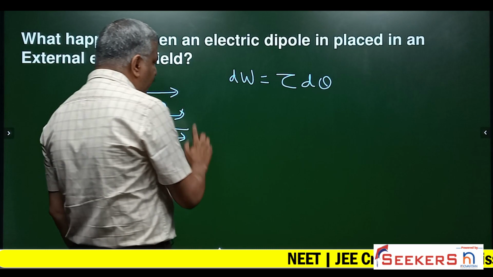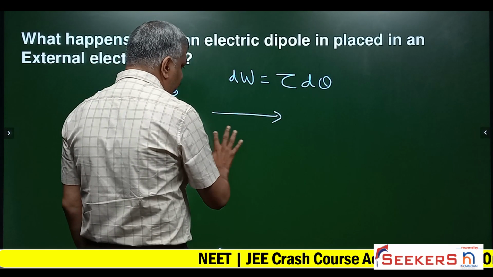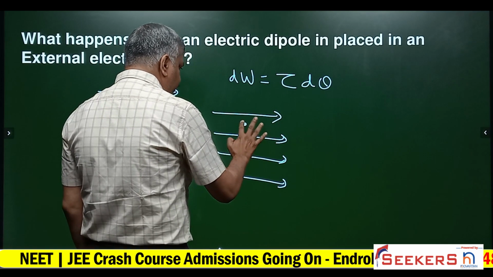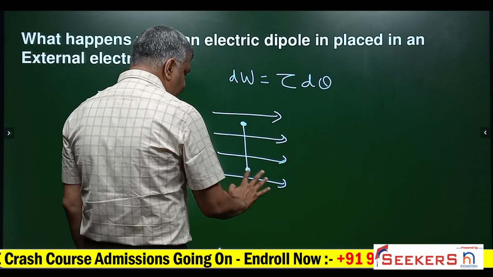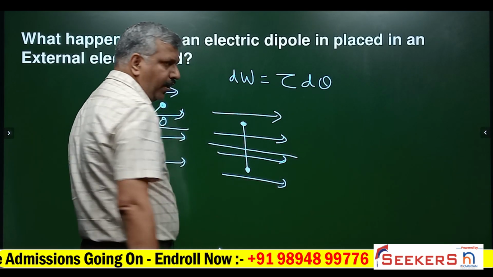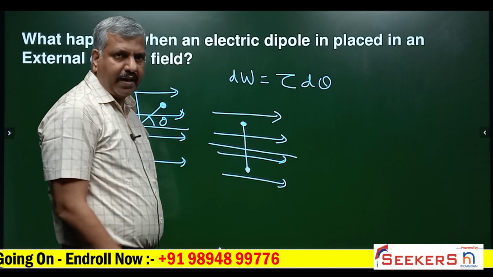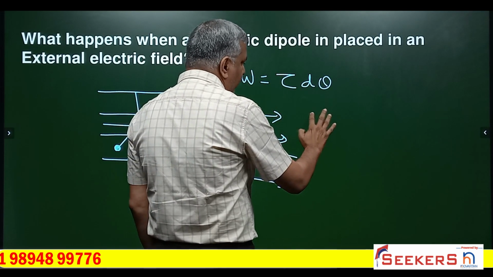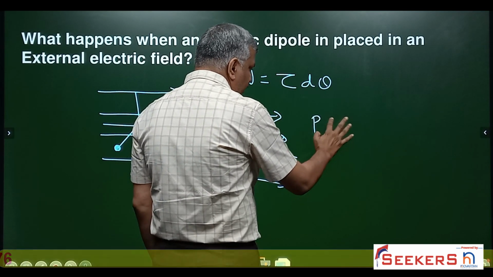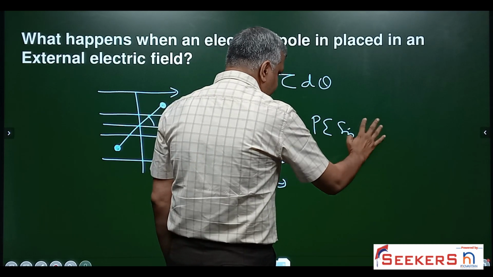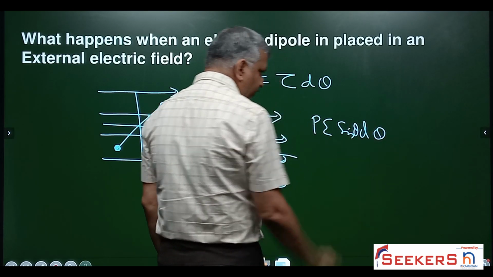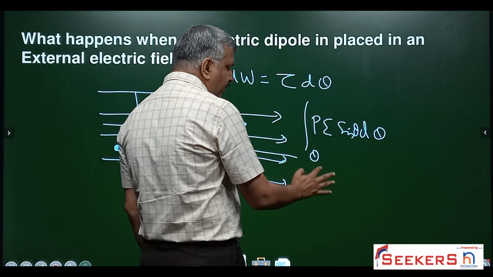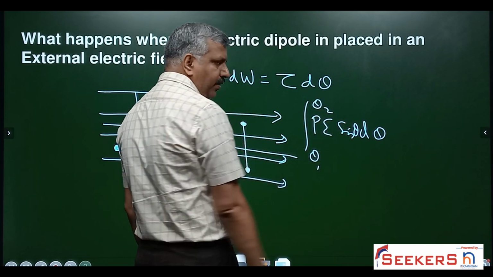So assume that the initial position of the dipole, this is just an assumption, so depending on the question we have to work it out. Suppose the initial position of the dipole is this way and then you are turning it by some angle. So I can say that the work done will be equal to P E sine theta d theta, and we can integrate it from the initial angle theta 1 to a final angle theta 2.